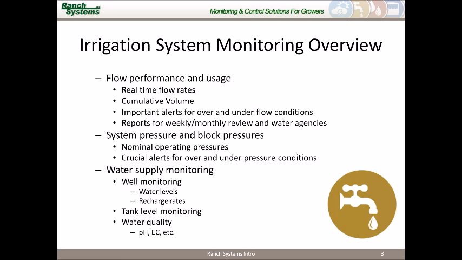And all this data feeds into our alerting mechanisms, which can provide these important alerts for over and under flow conditions, as well as other scenarios.